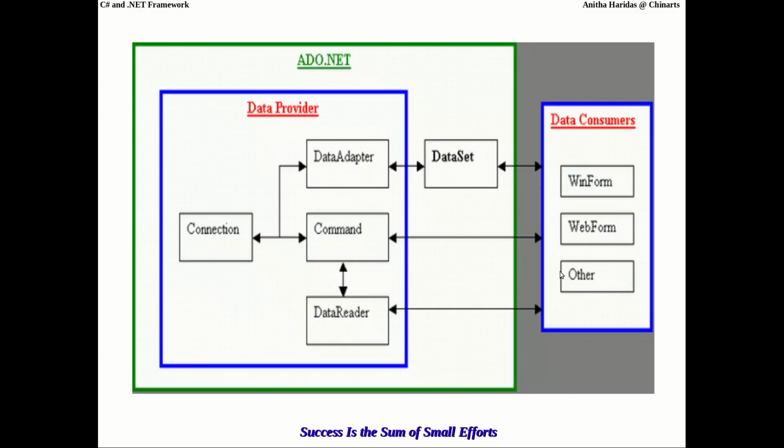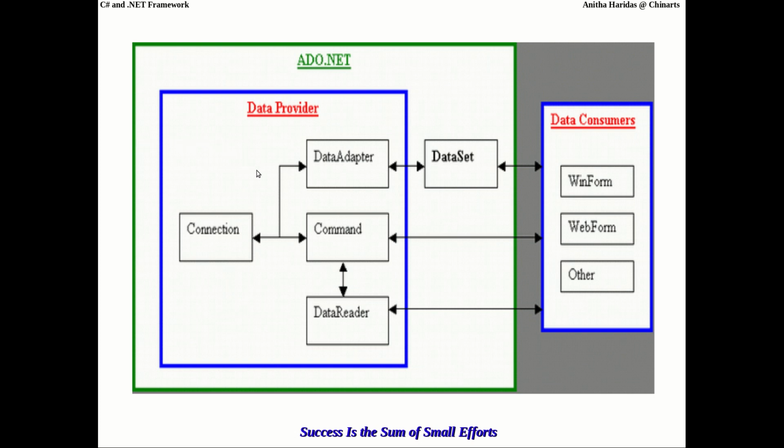In another diagrammatic representation, the same is given like this, where if you want to interact with any database, the database is here, and these are the front-end applications. You can call them data consumers. So you have the database here on the left side.